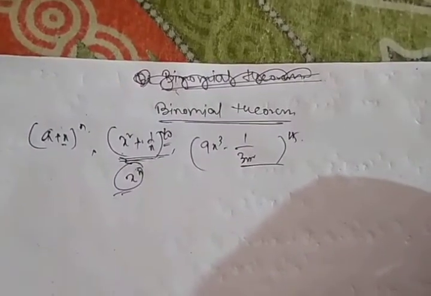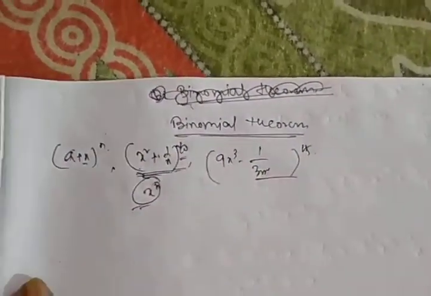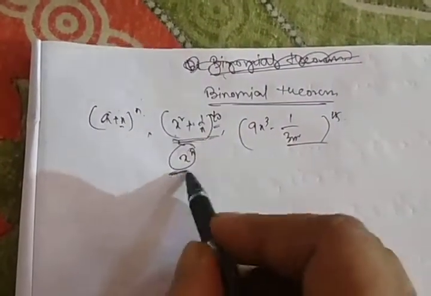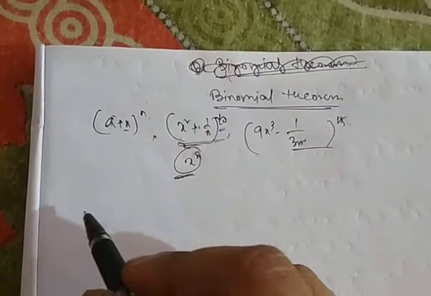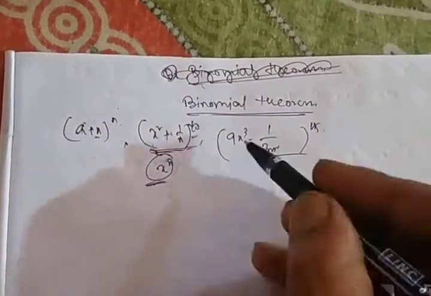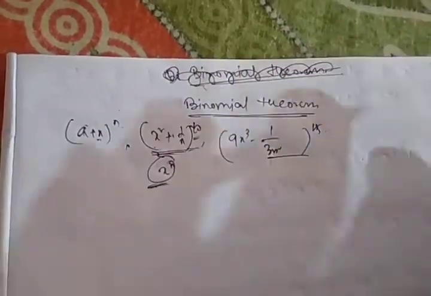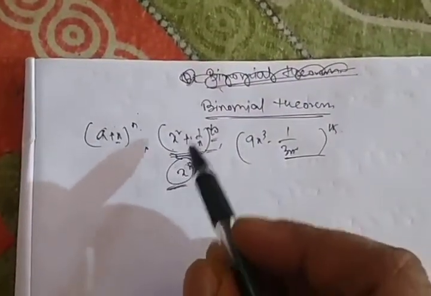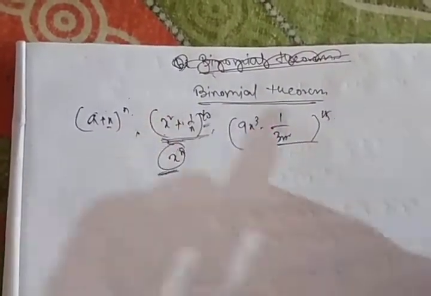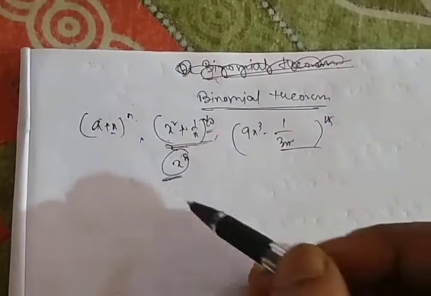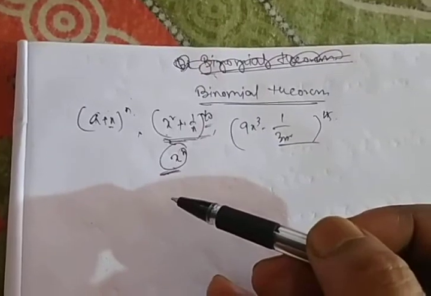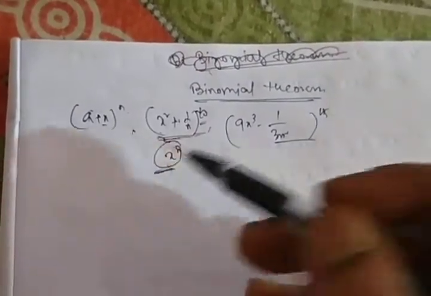So how to find a certain coefficient of a certain power of x, such as x to the power 7 or x to the power 9? If we expand this and simplify all 11 terms, then we can calculate the required coefficient of x to the power 7 or x to the power 8 if it exists.